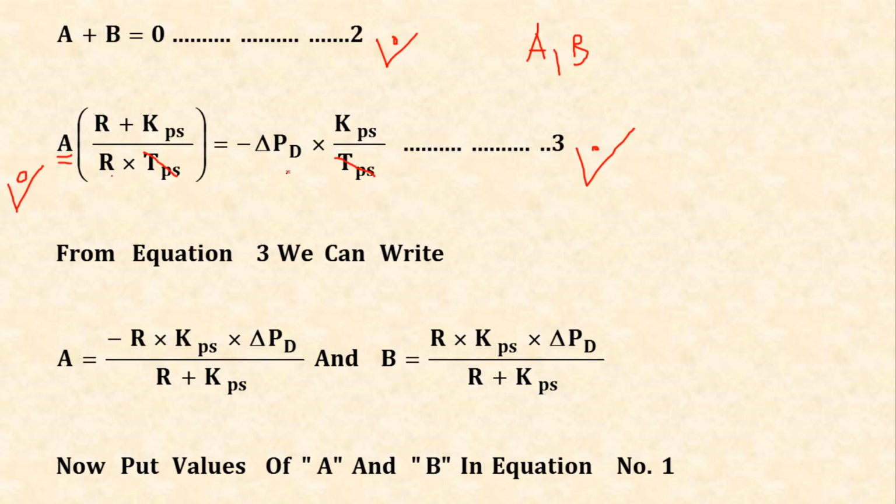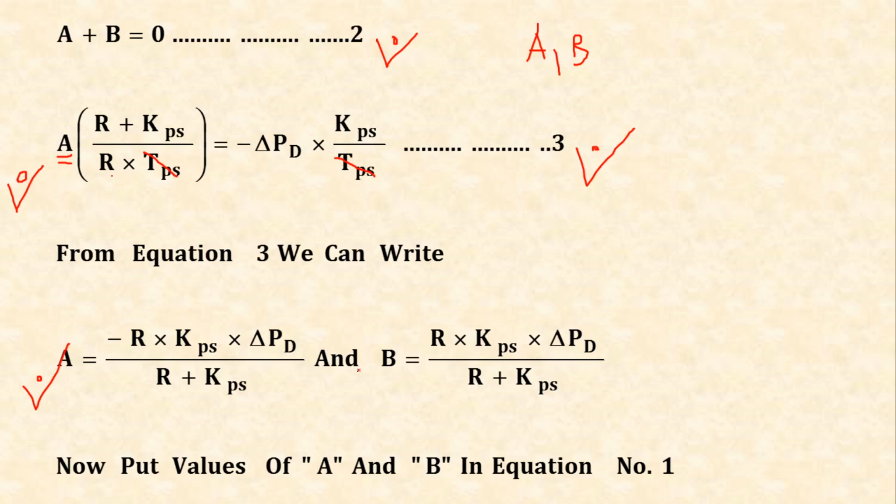So this r will be multiplied with this numerator. So the numerator will become minus r into Kps into delta PD, and this term, if I keep A only on the left hand side, will go to the denominator. So over here r plus Kps. So this is the value of A that we have got from equation number 3.